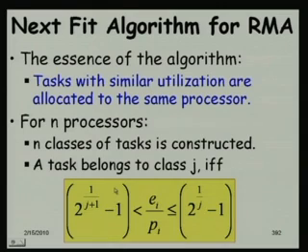The third class will be 1 by 3 plus 1, that is 1 by 4. 2 to the power 1 by 4 will be something like 1.2, right. So between 0.2 and 0.3 we will have another class, that is the algorithm, and the last class, let us say for 4 processors, will be between 0 and 0.2 or something.